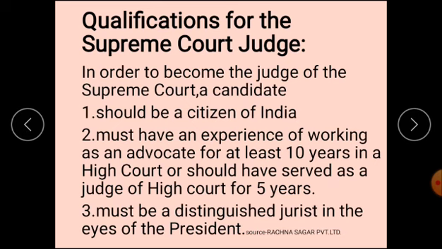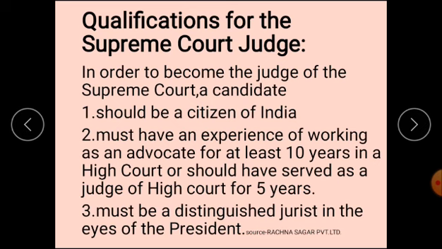Qualifications for the Supreme Court judge. In order to become the judge of the Supreme Court, a candidate should be a citizen of India. The first point, a candidate should be a citizen of India.